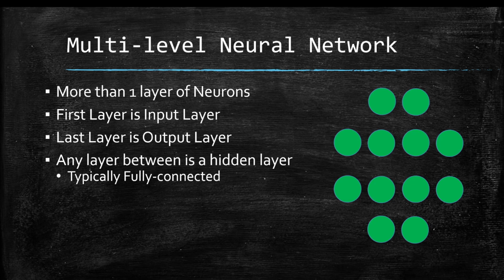What is fully connected? I'm going to go ahead and show this. That means for every one of these perceptrons we have here, it's going to be passing information to all of the nodes in the next layer. And not just one or two of them, it does it to all of them. And this is what it means to be fully connected. And so this node is passing on to all of these nodes, this node passing on to all of these nodes.